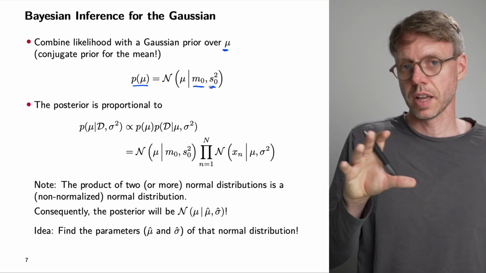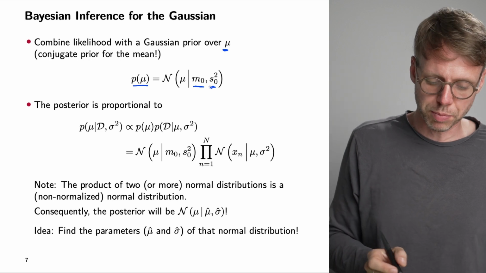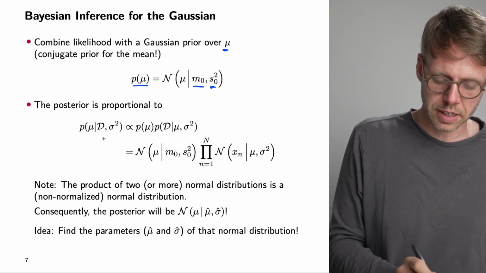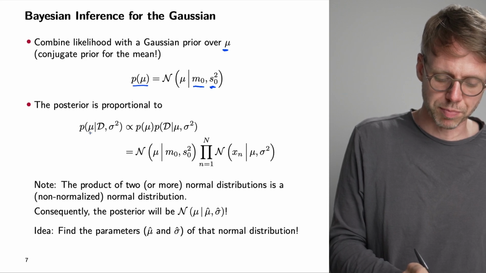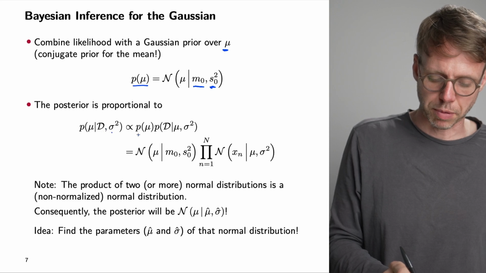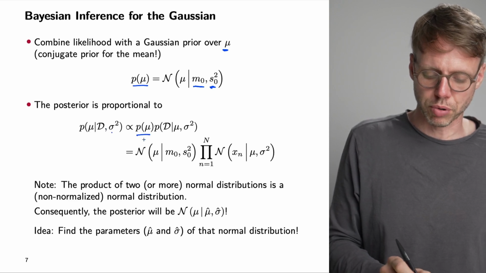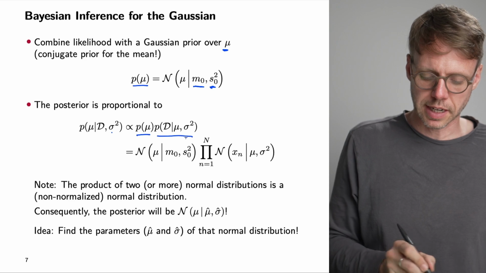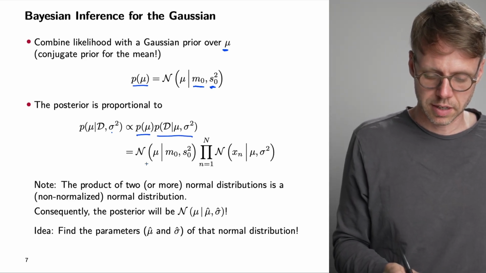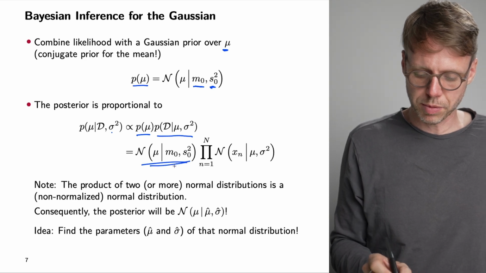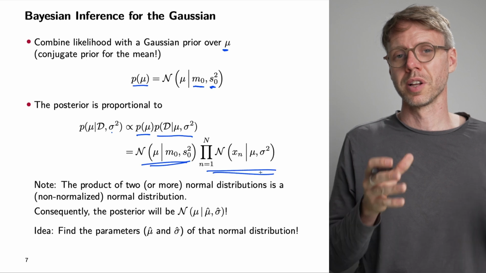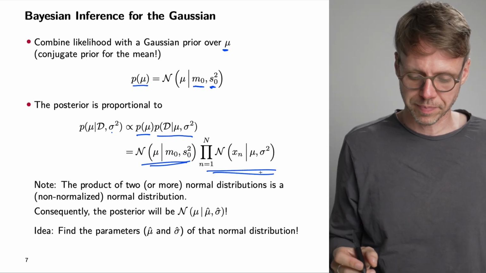Given the likelihood and the prior, our posterior distribution is proportional to, so the probability of mu given the data and this known variance is proportional to the prior times the likelihood. In our example, the prior is a normal distribution and the likelihood is the product over n identical normal distributions.